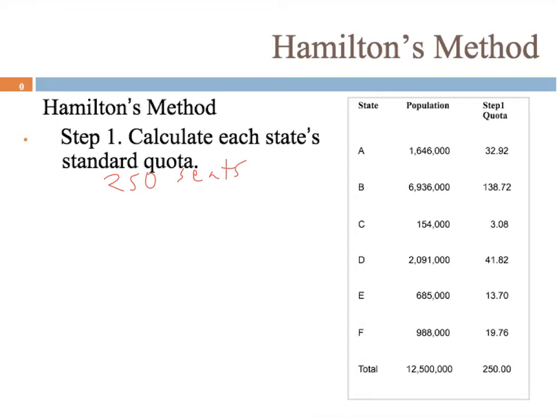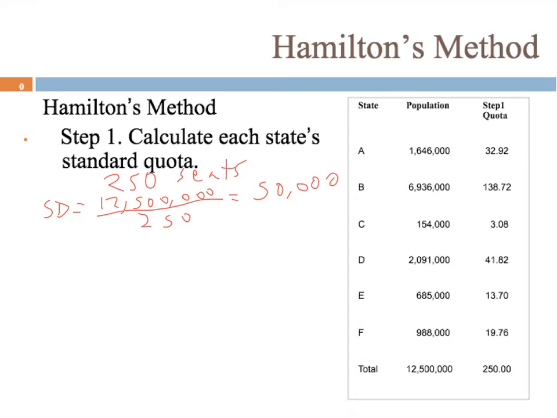So the standard divisor comes from taking the total population and dividing that by the amount of seats available. So the standard divisor is equal to 12,500,000. Again, these are just numbers from the previous section, and divided by 250, and that gives us 50,000. Alright, that is our standard divisor.